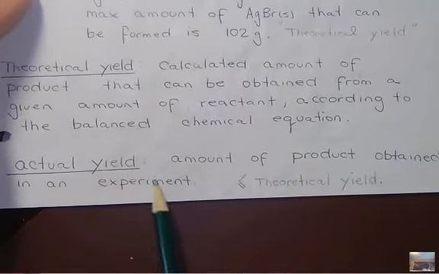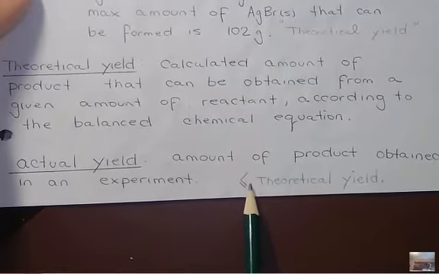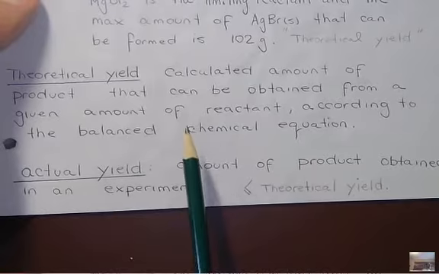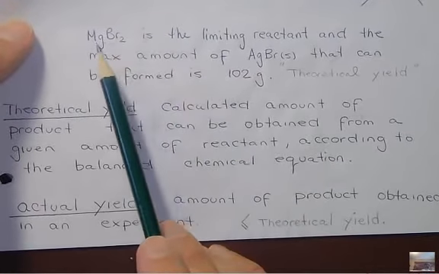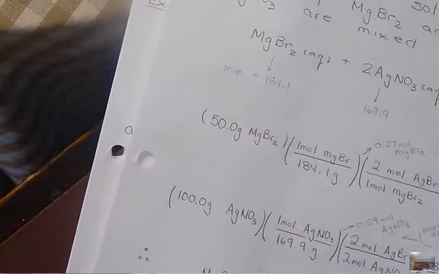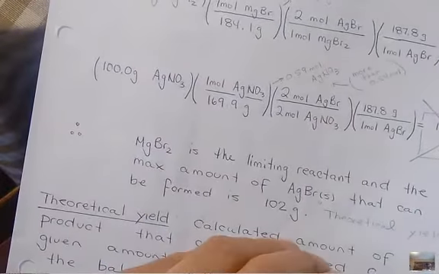If I went into the lab, I'd probably get 101.5 or something like that. I'm going to get some number a little bit less because it's hard to collect all the product. You could have had a little bit of spill in the beginning. Maybe the stuff isn't as pure as you thought it was. So reality isn't as perfect as the calculation.